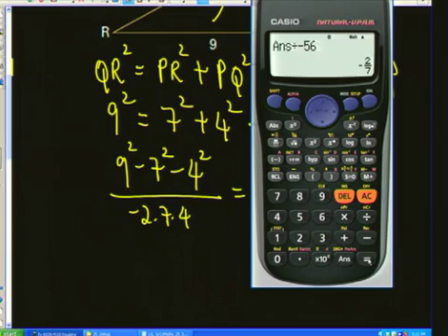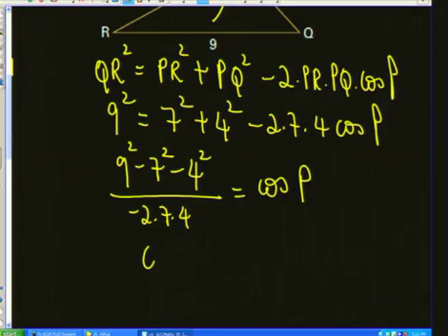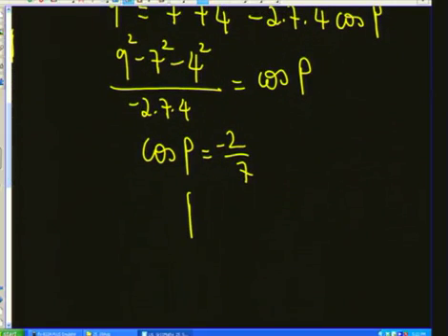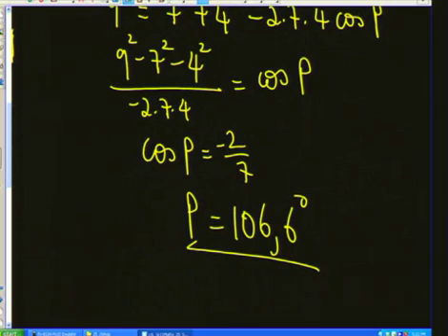And we'd like to know what angle does that give us. 106,6. That's fantastic. So we have cos P was equal to the ratio negative 2 sevenths. And if you look for the angle, P was 106,6 degrees. Great. So we can find an angle.